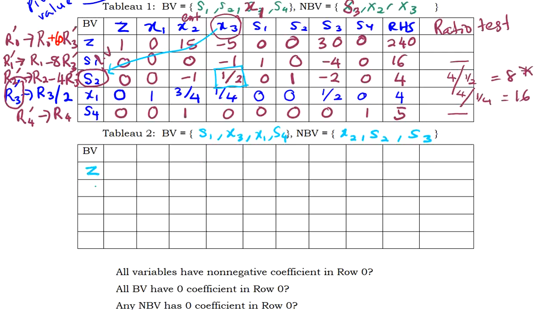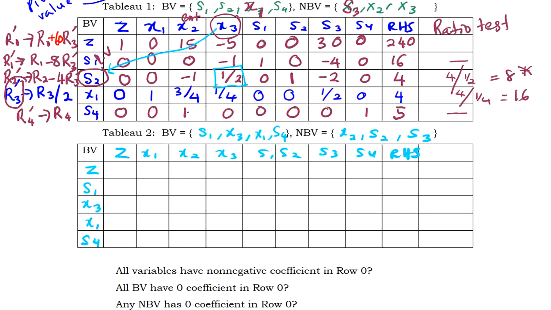So here Z, S1, now X3, X1, and S4. So again, we use ERO because X3 now is a BV, therefore here it should be 1. And the rest of the rows 0, 0. So for row 2, new row 2 equals to row 2 over half.